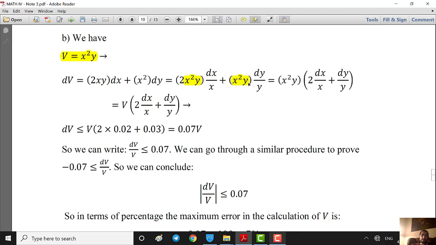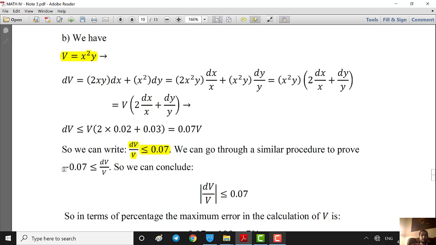We can factorize it, which is equal to V, and write that the whole thing is equal to V times 2 times dx over x plus dy over y, right? So dV over V is smaller than 2 times 0.02 plus 0.03. So dV over V is smaller than 0.07.